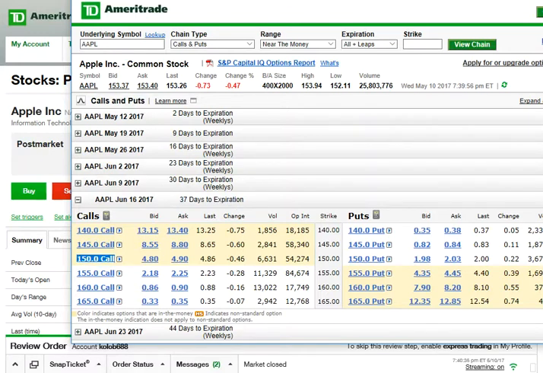Okay, now, let's say you bought that call option, you spent the $485, and again, the price of Apple goes up $15 a share, and so now Apple stock here is worth $168 and some change per share.